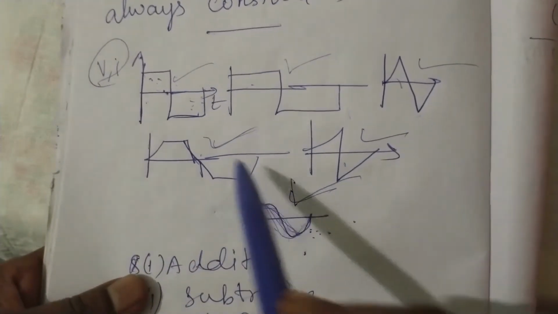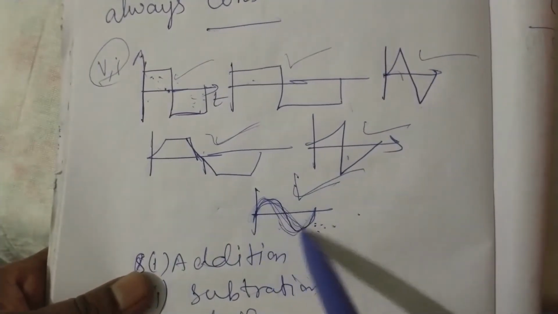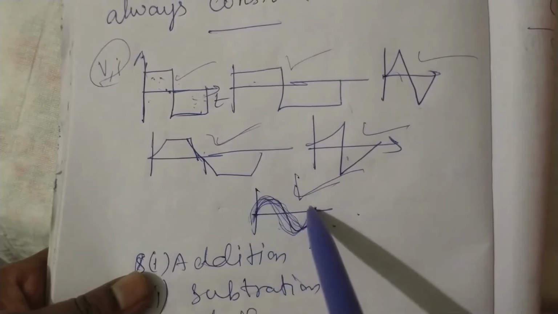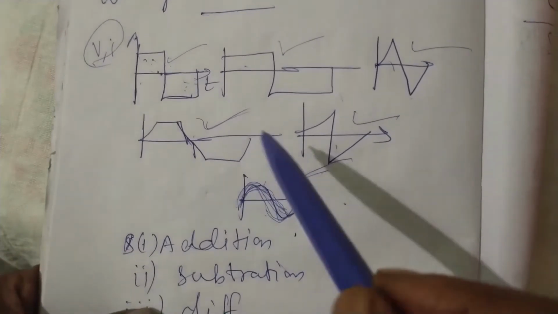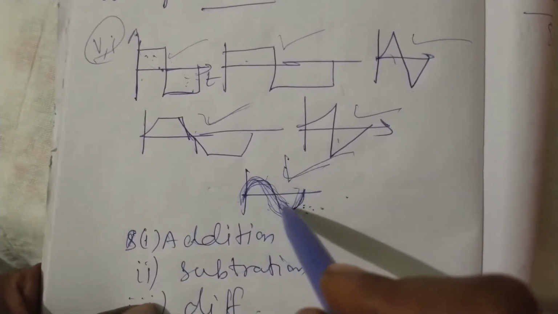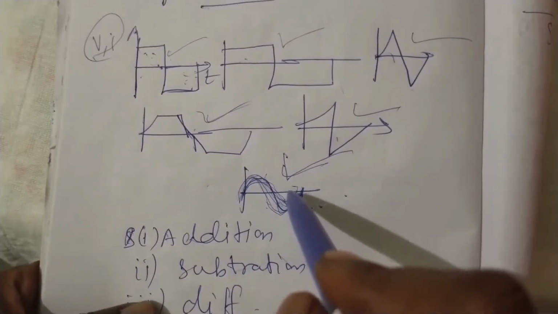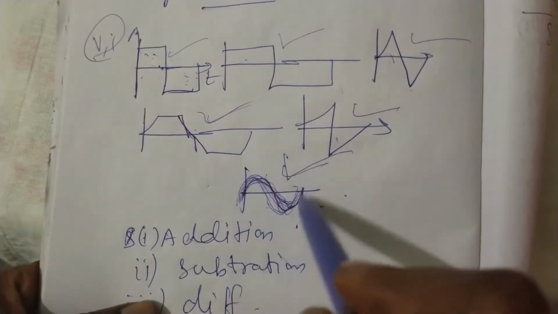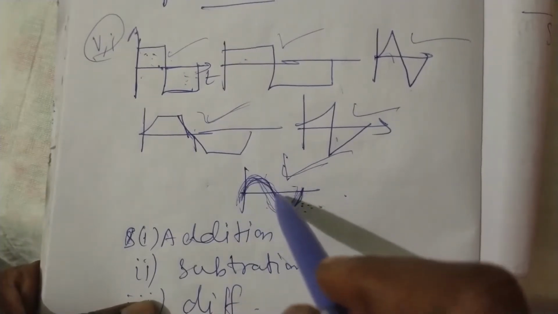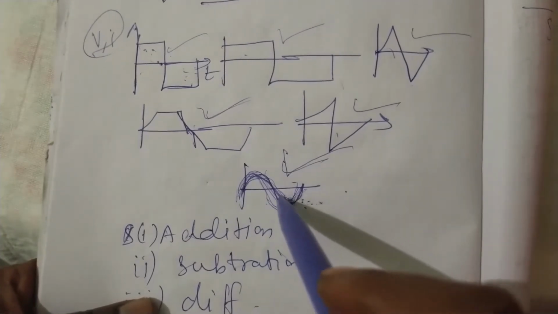But compared to these shapes, we consider only the sinusoidal shape in an electrical AC system. There is a uniqueness in a sinusoidal AC system. That is why all over the world AC is sinusoidal. Hence it is called the universal shape.